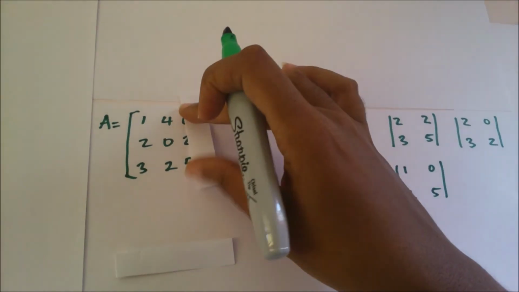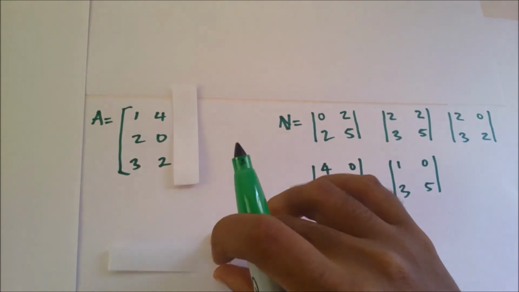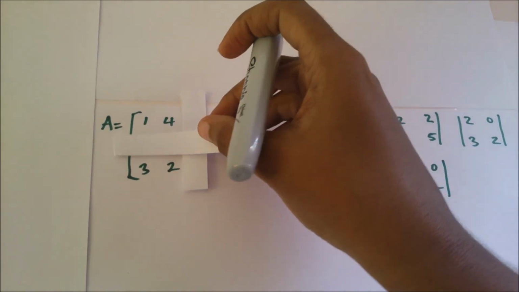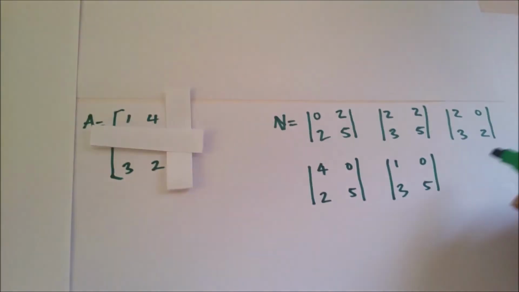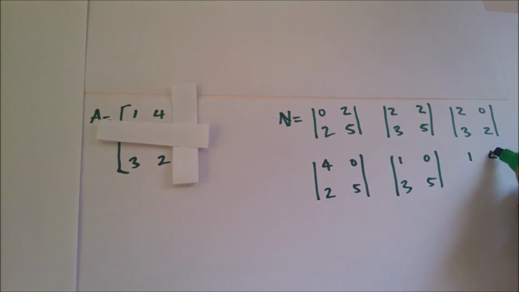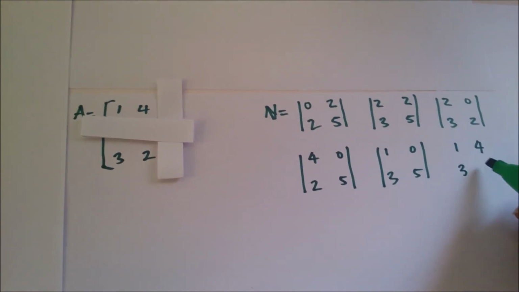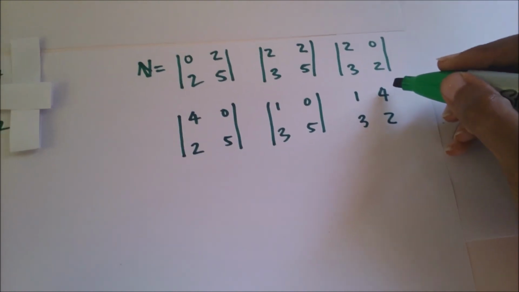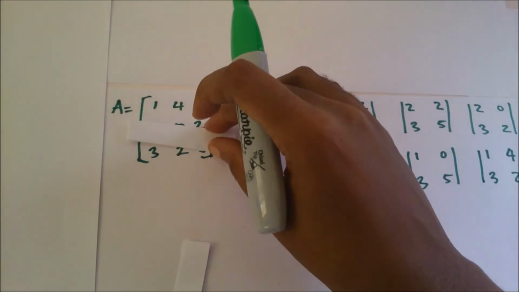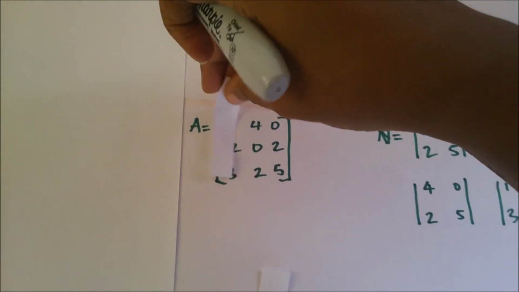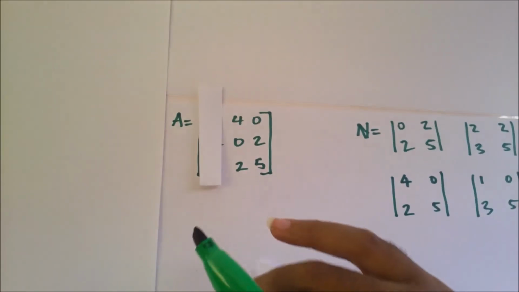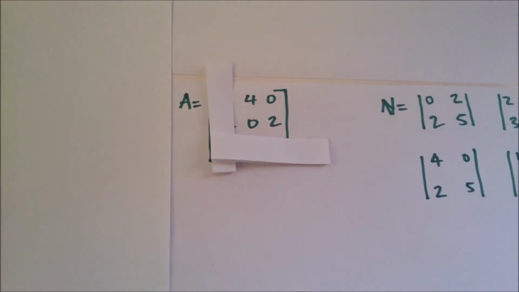Cover 2, cover the row that 2 is in and the column that 2 is in, and we're left with 1, 4, 3, 2. Again, we're going to find the determinant of that. And finally, we're at 3. So we cover that column that 3 is in, we cover that row, and we're left with 4, 0, 0, 2.